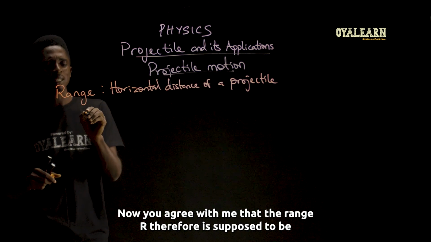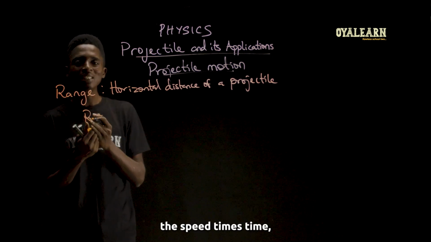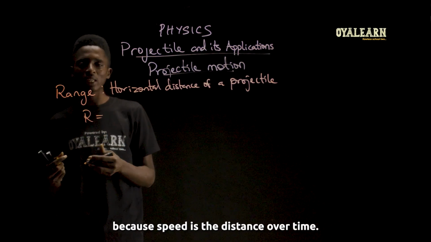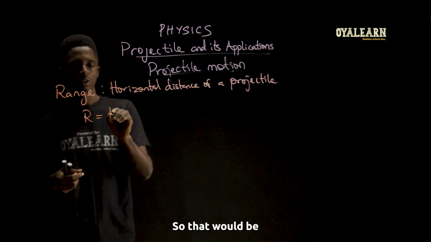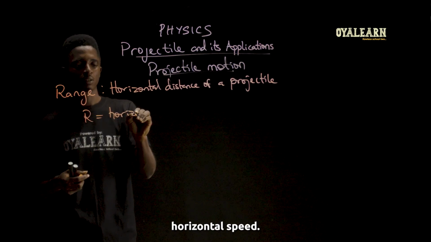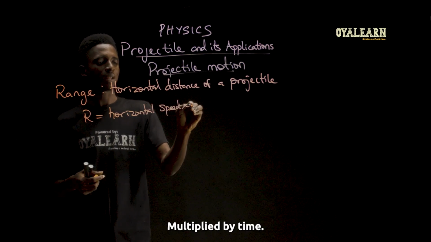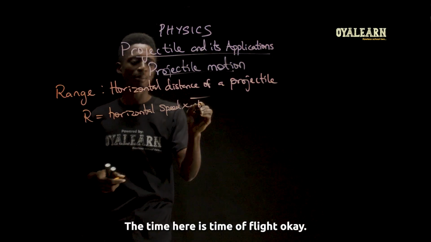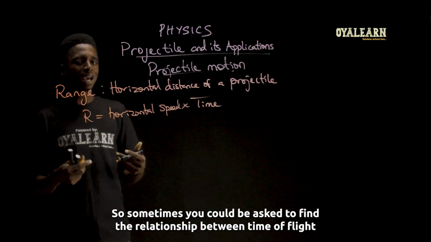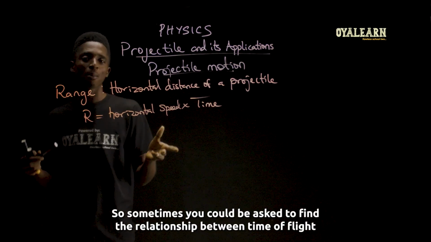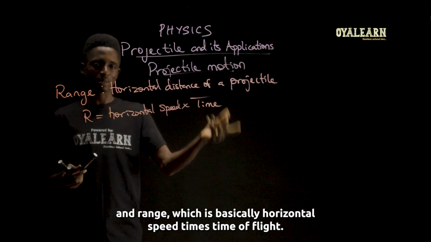Now, you agree with me that the range R, therefore, is supposed to be the speed times time, because speed is distance over time. So that will be horizontal speed multiplied by time. The time here is time of flight. Okay? So sometimes you could be asked to find the relationship between time of flight and range. It is basically horizontal speed times time of flight.